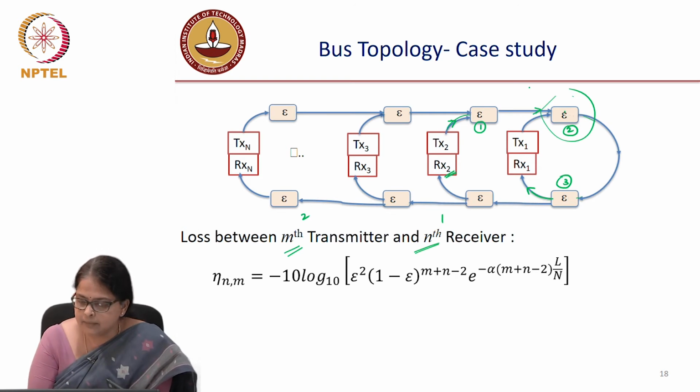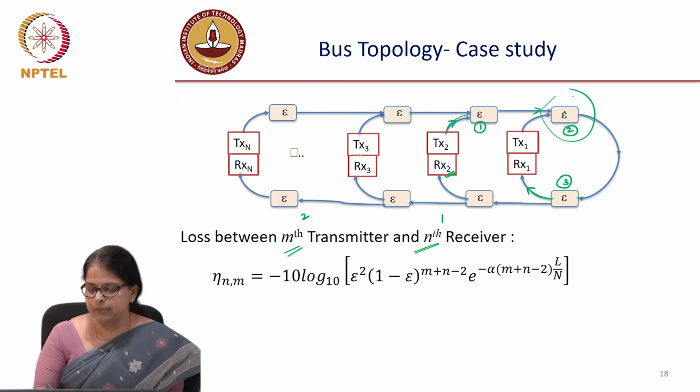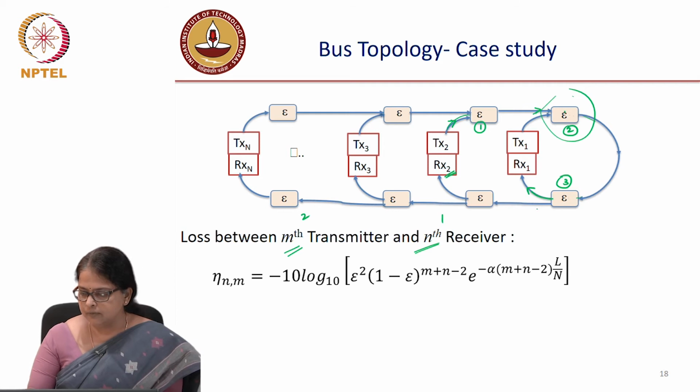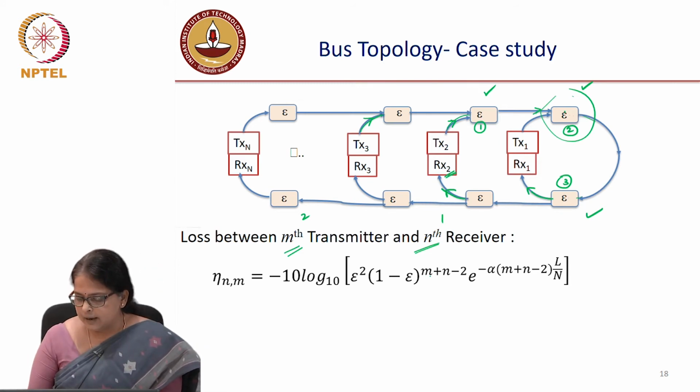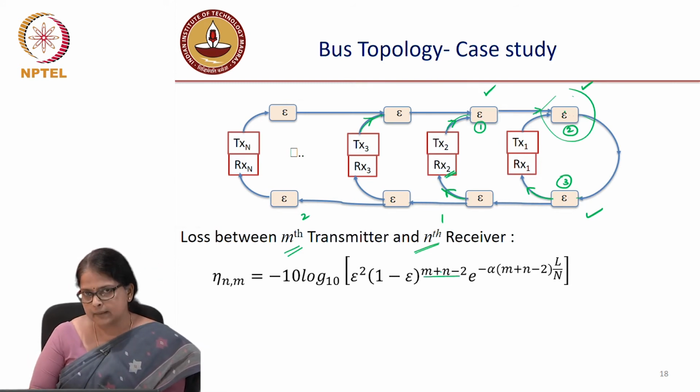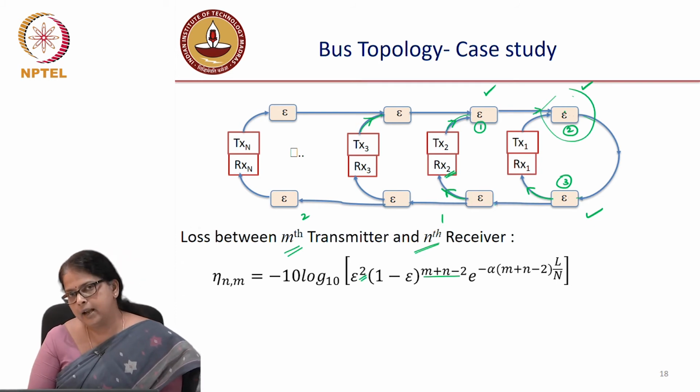Okay. Similarly, if you want to go from transmitter 3, for instance, to transmitter 2, it is going through 1, 2, 3, 4, 5 couplers, of which there is an add and a drop happening, and there are 3 bypass couplers, which means in general it is facing m plus n minus 2 bypass couplers and 2 couplers where it is getting added and dropped.